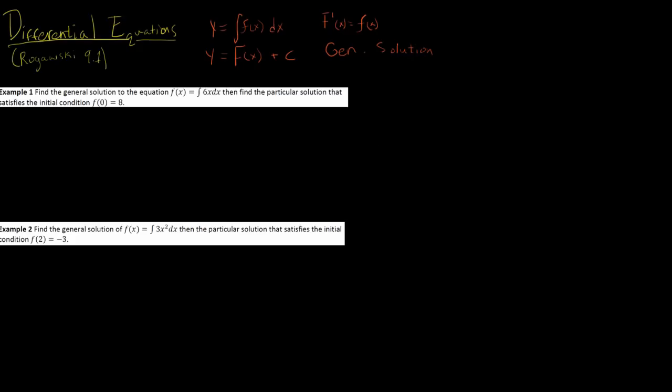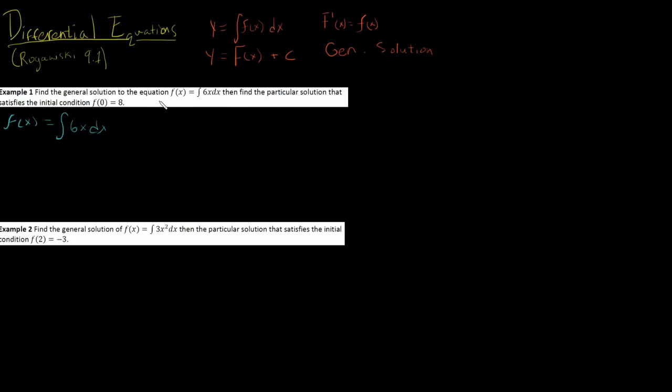We'll do a couple examples where we find a general solution, and we'll use an initial condition to find a particular solution. So find the general solution to the equation f of x is equal to the indefinite integral of 6x dx.